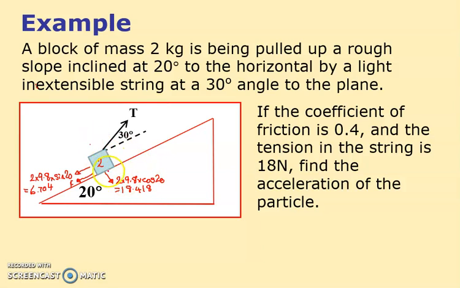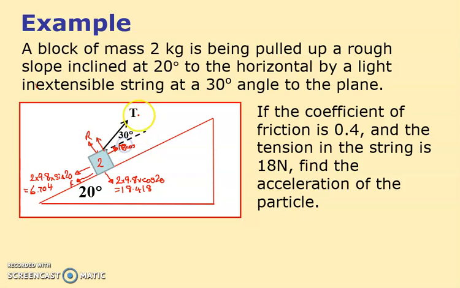Now normally that weight into the slope is equal to the normal contact force, the normal reaction, the R. But in this case it's not, and that's because we've got this tension which is pulling this block slightly off the slope. So we have to resolve it, and when we resolve it we get two competing forces. One going this way, which is T cos 30. Actually I think they tell me the T, it's 18.